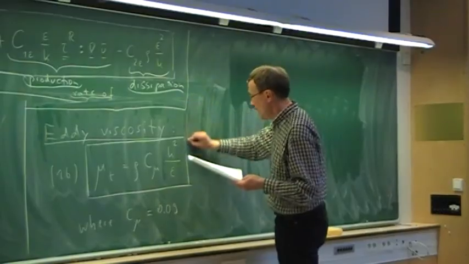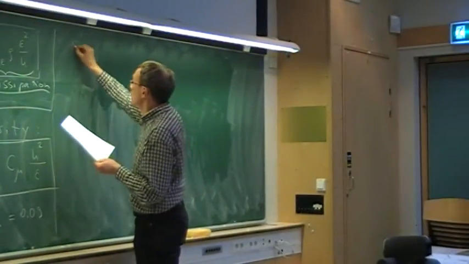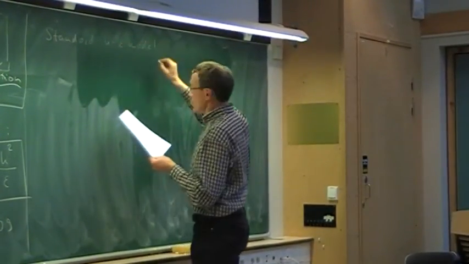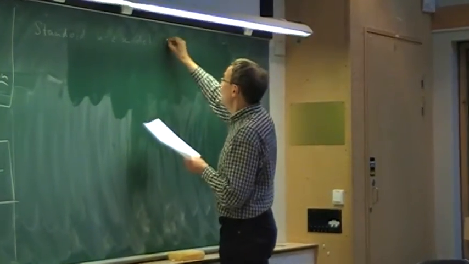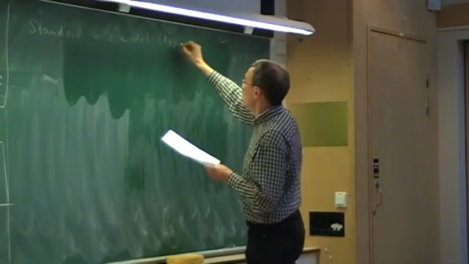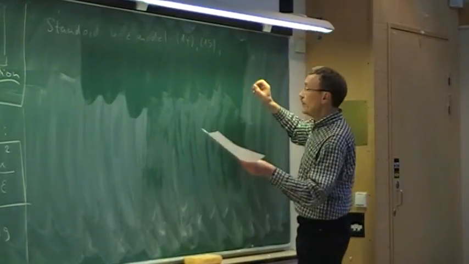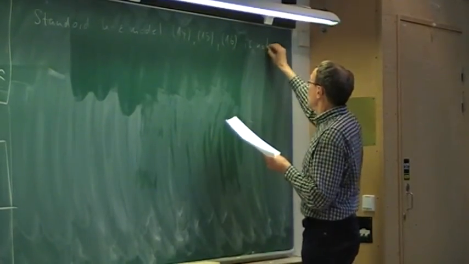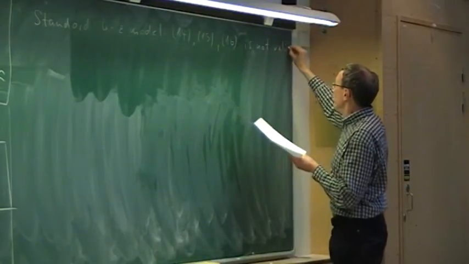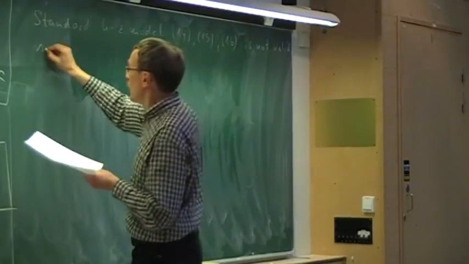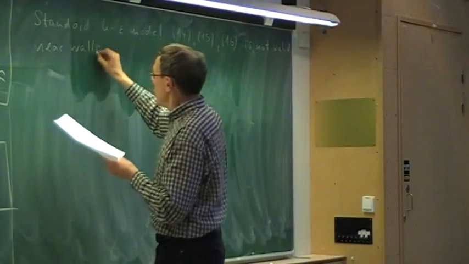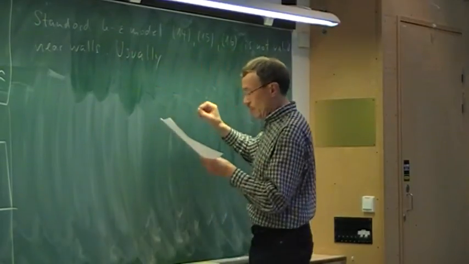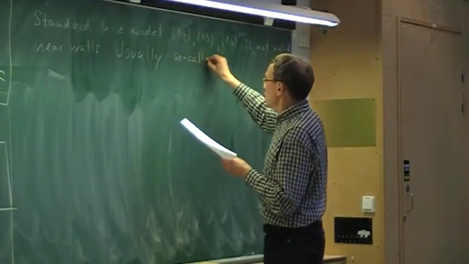However, the standard K epsilon model, consisting of the equation for K, the equation for epsilon, and the equation for the eddy viscosity, is not valid near walls. And usually, we use so-called wall functions.